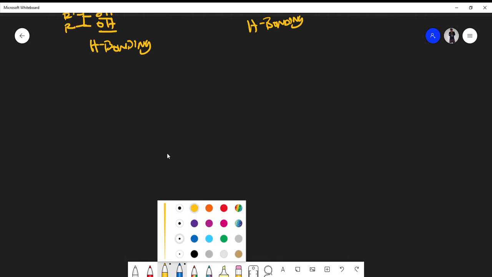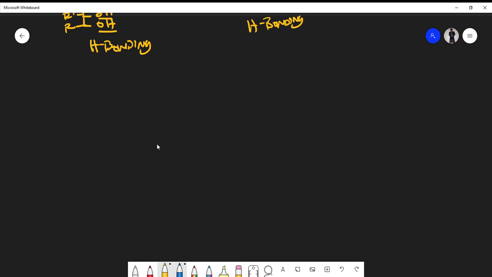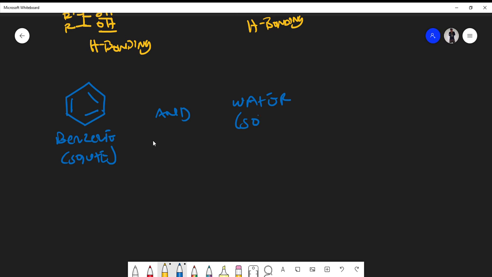How about if we looked at benzene, right? So here's the structure of benzene. So how about benzene as the solute, and we put that in water as a solvent, right?